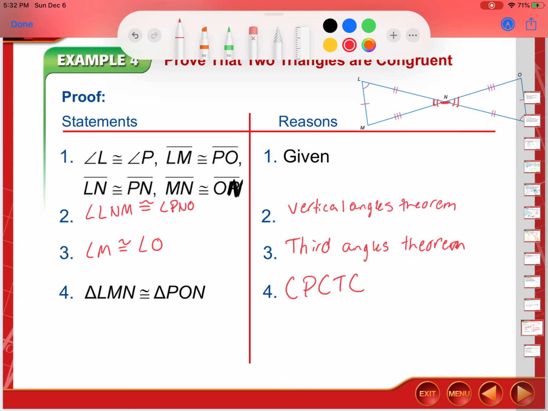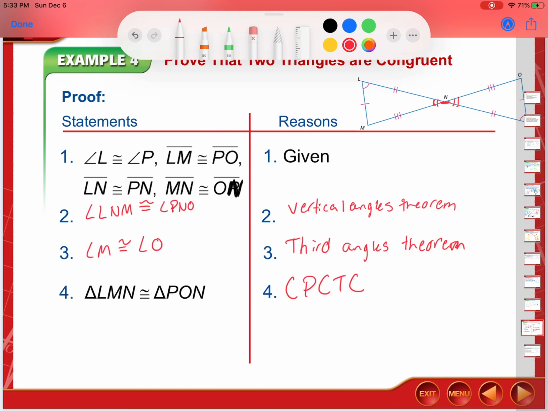That's an acronym that will be our best friend forever and ever and always. CPCTC. It's our hero.